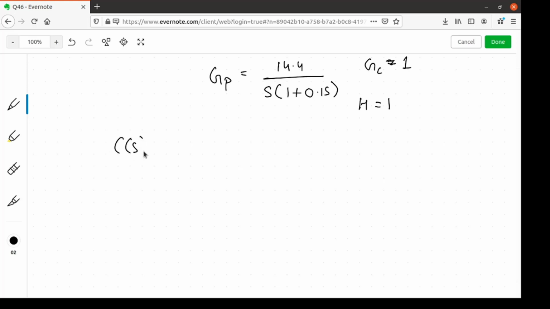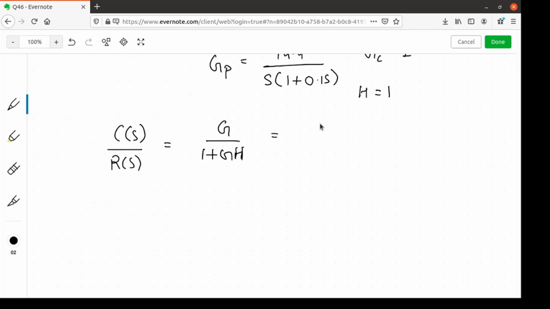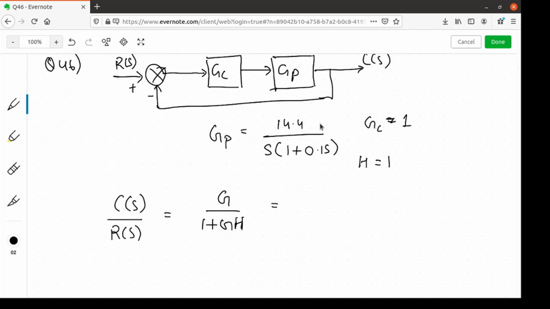So C of s by R of s equals G by 1 plus GH. Here G is the forward path transfer function and H is the feedback path. So here the forward path has two blocks in cascade, so we can just multiply the transfer functions.